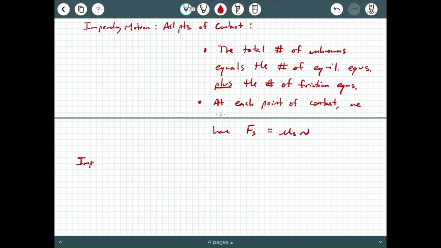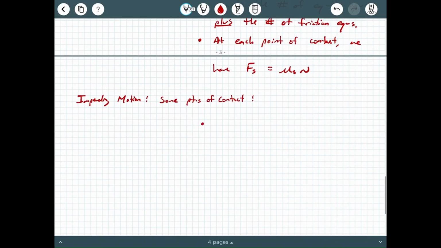Okay, and then the last classification of problems is going to be impending motion at some points of contact.